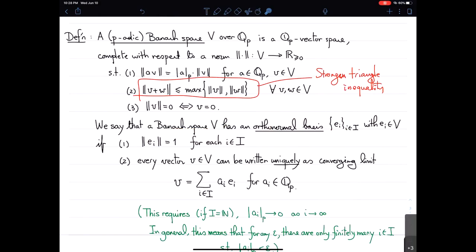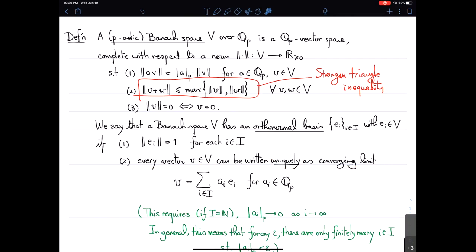And the next condition is a basis condition, in a complete sense, in the sense that every vector v in V can be written uniquely. Uniqueness is important. As a converging limit, you want to write v as a linear combination of the basis elements.